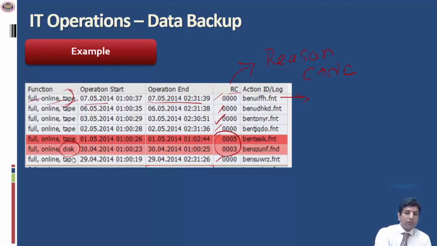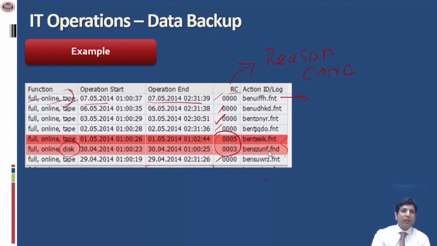In this case, there are error codes or return codes which are 5 and 3, which means that the backup was not successful. So what we need to look at as auditors is, has management or the IT operations team looked at this, and what action have they taken? Is there adequate documentation for the reasons of failure?